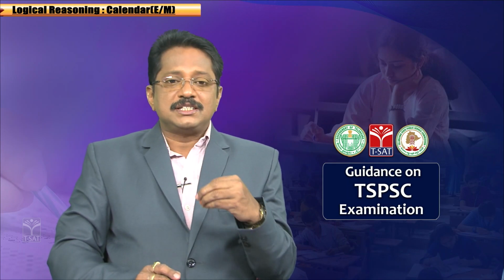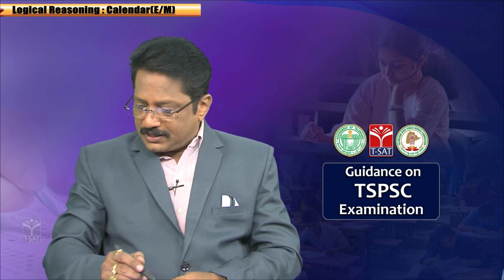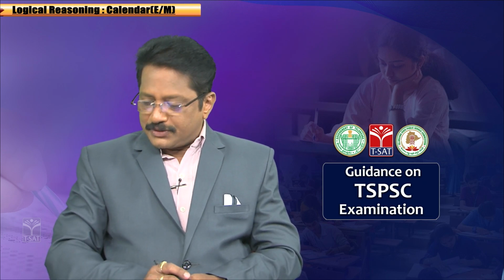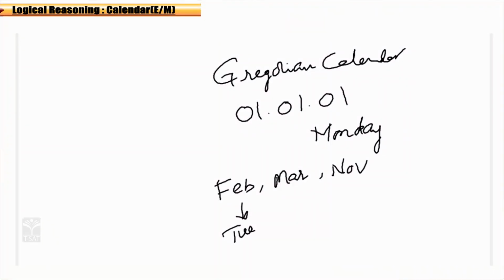For this year 2022, the first of February is Tuesday. So the first of March is also Tuesday, and the first of November of this year is also Tuesday. This is a very important point.